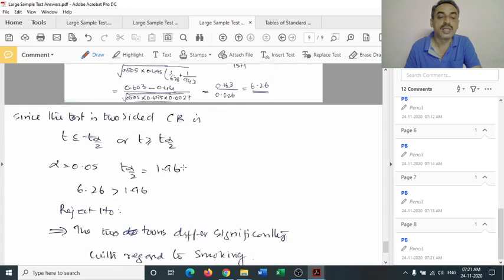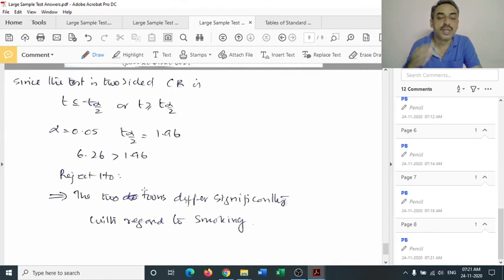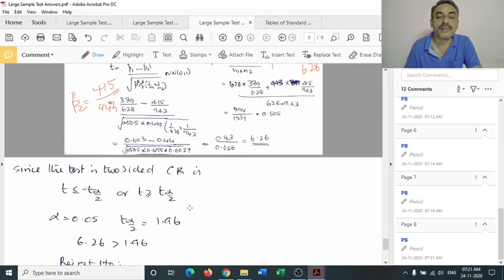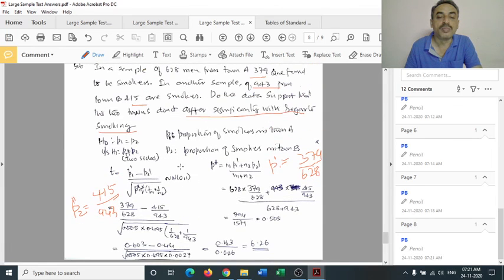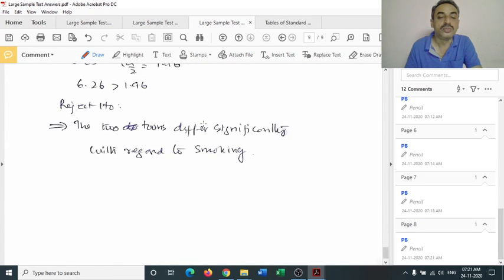This is again a two-sided test, therefore t alpha by 2 is 1.96. So 6.26 is greater than 1.96, and we reject H0, which means that the two towns differ significantly with regard to smoking. The difference we found in the proportions is significant.